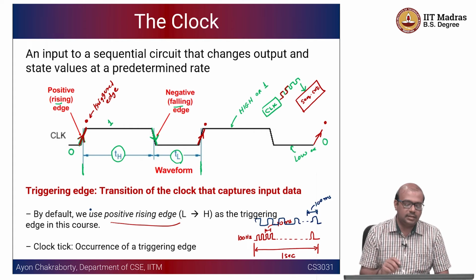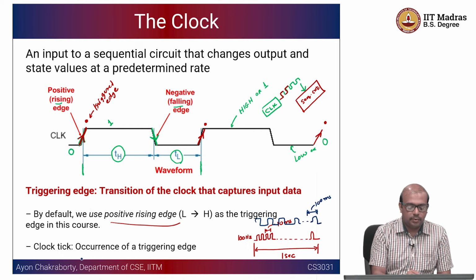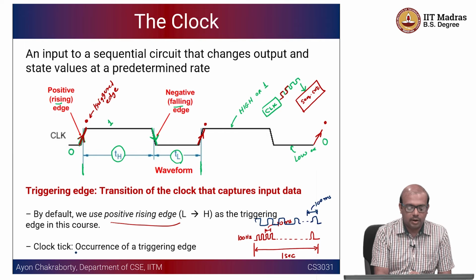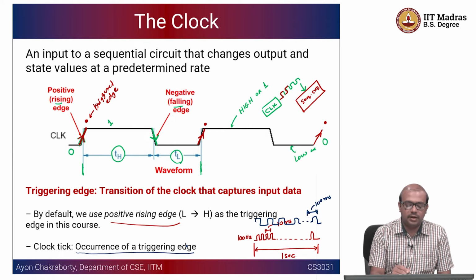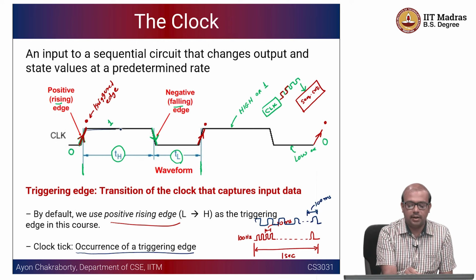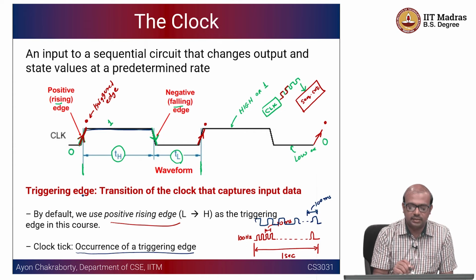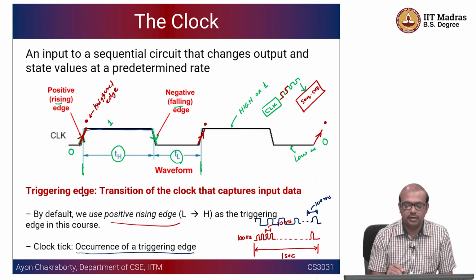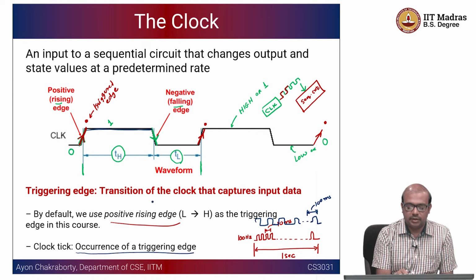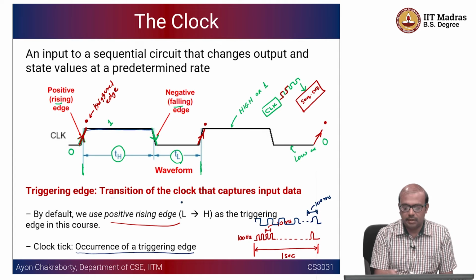The other thing you need to remember is that we typically talk about the clock tick here, the occurrence of a triggering edge. We are not talking about this particular level here, although we need to understand that also, because the triggering edge is something we want to capture in the rest of the sequential elements which are not latches. So it is the transition of the clock that captures the input data.